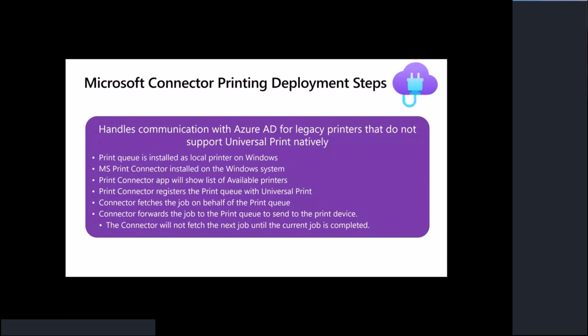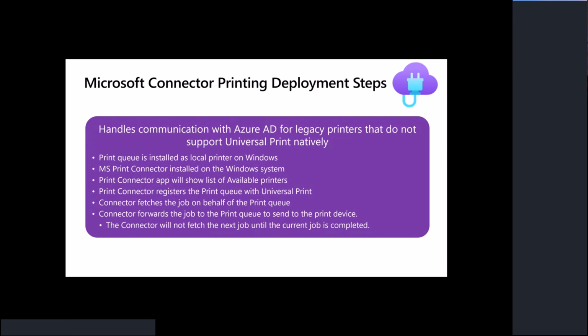Now the Microsoft connector essentially handles all of that for printers that don't natively support Universal Print. So what would happen is, when you install the connector, and later on we have a video of installing the connector, you register the connector with Universal Print, and then you will get a list of all of the local printers that you can register with Universal Print.